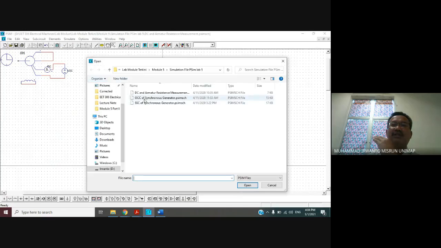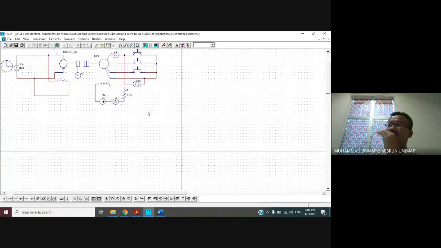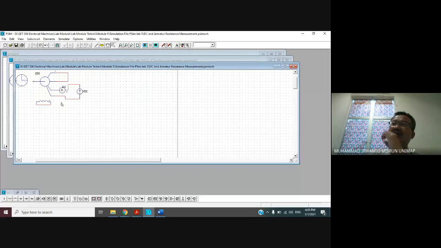For example, in your lab 5 part 1, I repeat again: when you do the DC test like this, the synchronous generator is in no operation condition. Remember this.